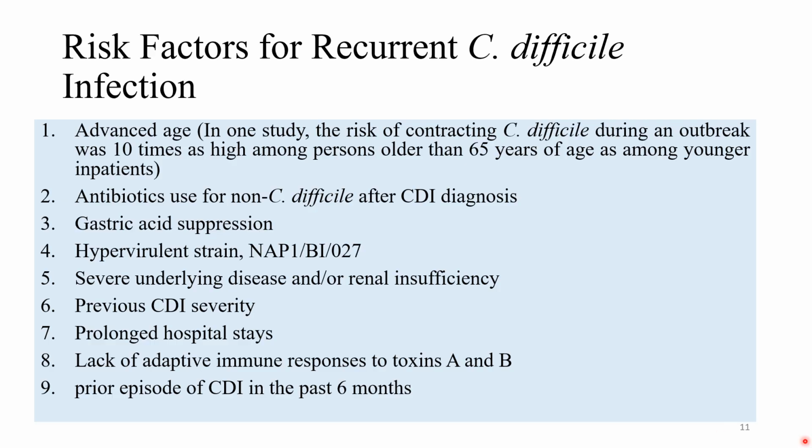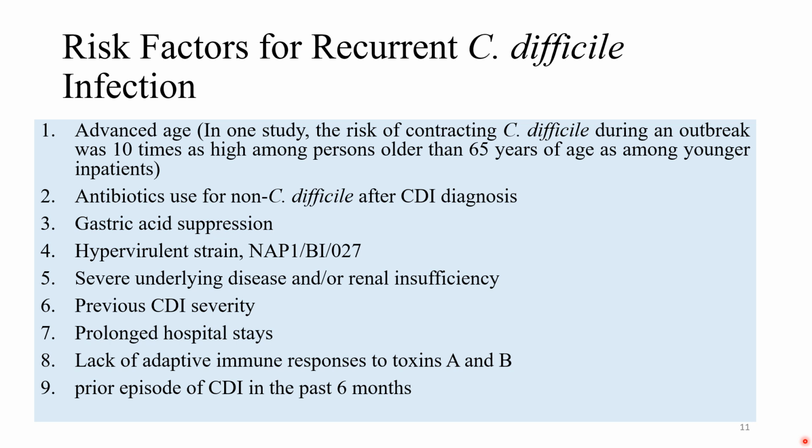And now we discuss risk factors for recurrent C. difficile infection. Number one, advanced age. In one study, the risk of contracting C. difficile during an outbreak was 10 times as high among persons older than 65 years of age as among younger inpatients. Number two, antibiotics used for non-C. difficile infection after CDI diagnosis. Number three, gastric acid suppression.